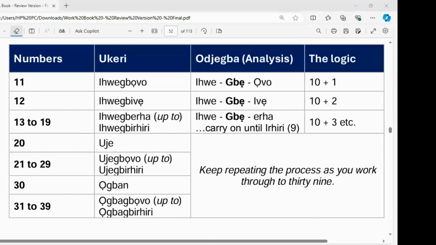Uje Bovo, Uje Bive, Uje Bera, Uje Bene, Uje Bioring, Uje Besam, Uje Bihre, Uje Berere, Uje Biriri, and Ogba. Ogba is 30.